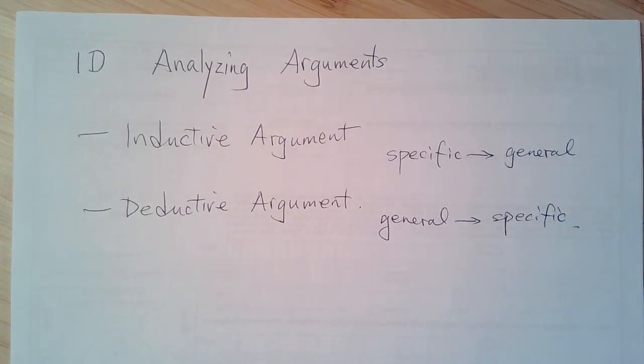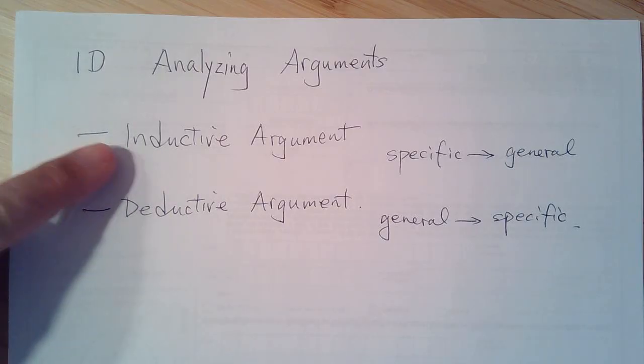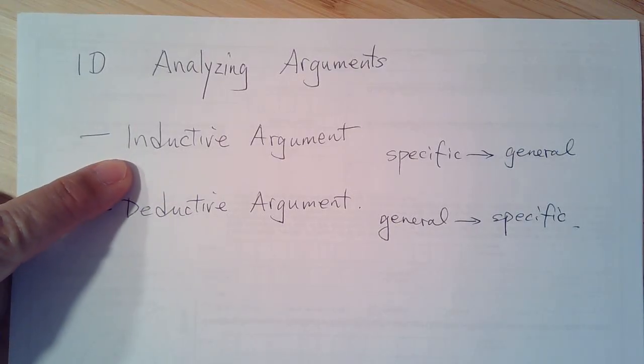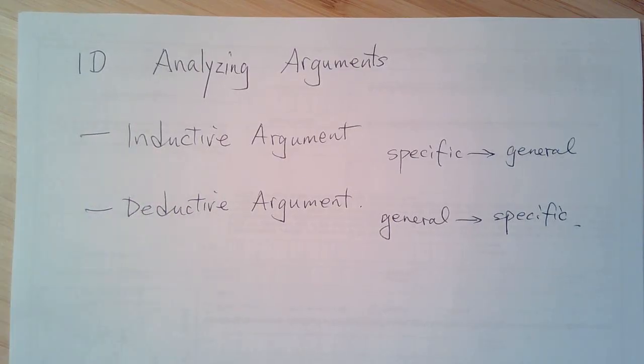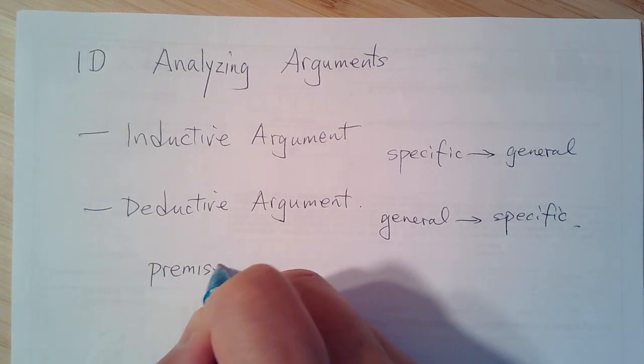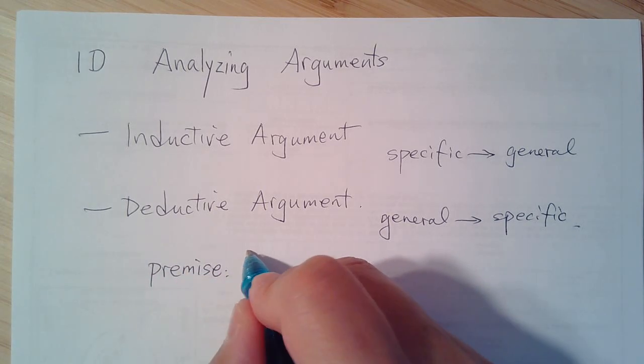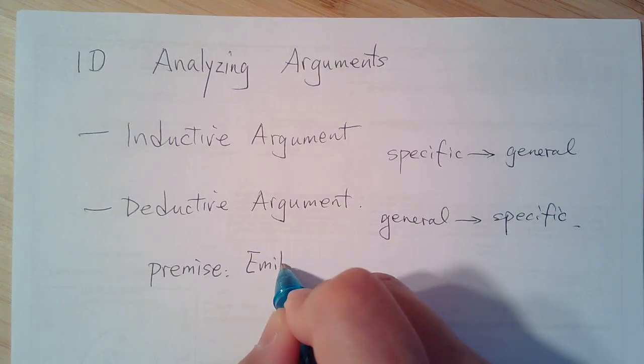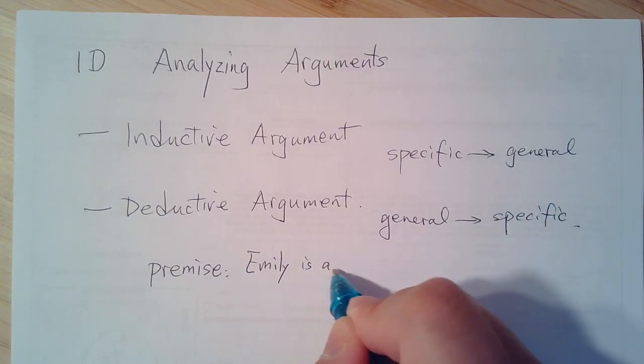Let me give you two examples, okay? Well, first of all, we talk about an inductive argument. Think about the premises. Emily is a good student.